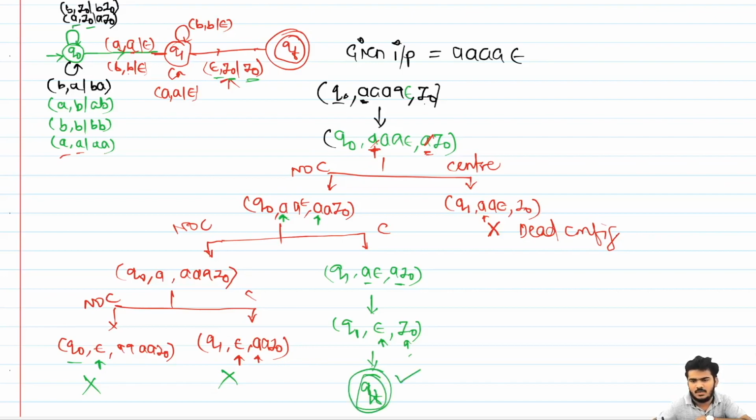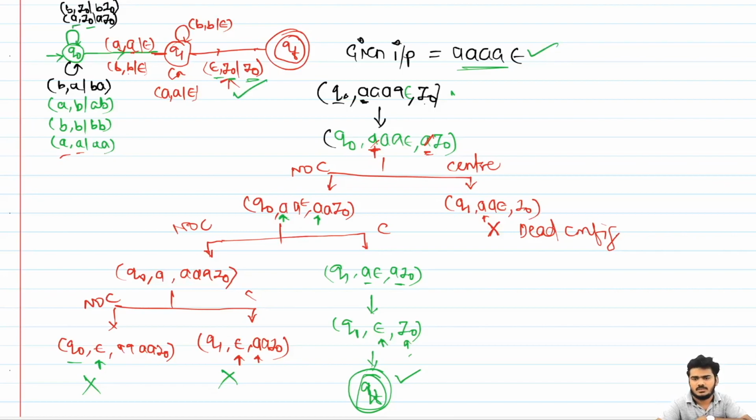So at least one way I am reaching a final state. If we get at least one reachable final state, we can say that this particular input is accepted by this particular NDFA.